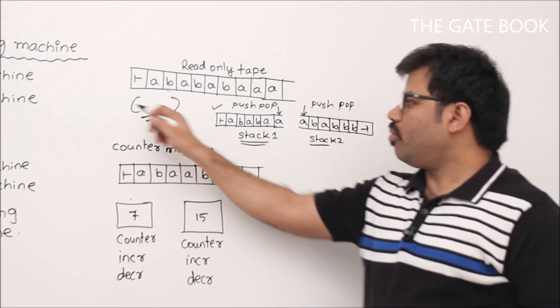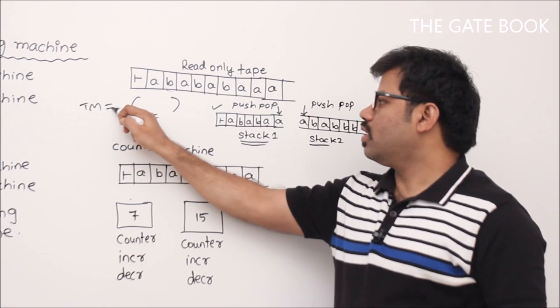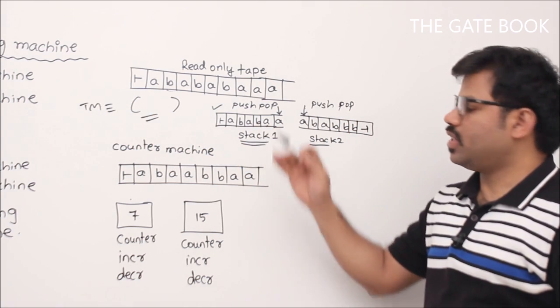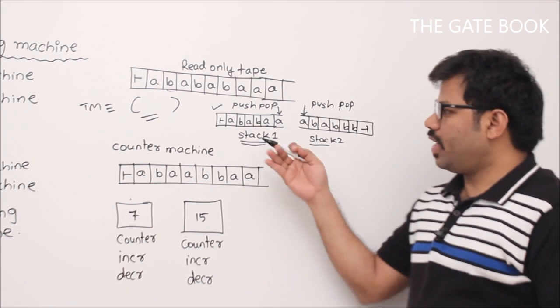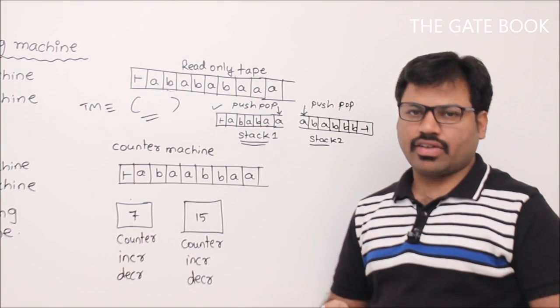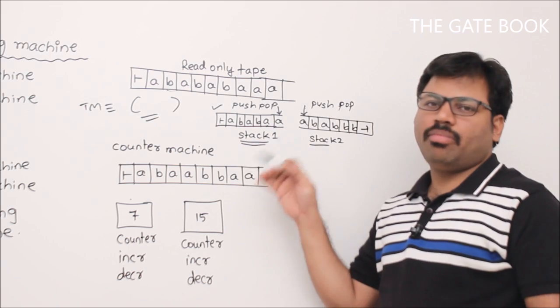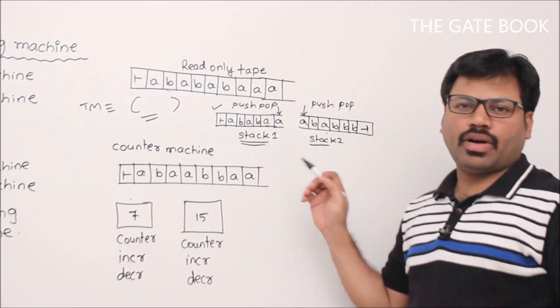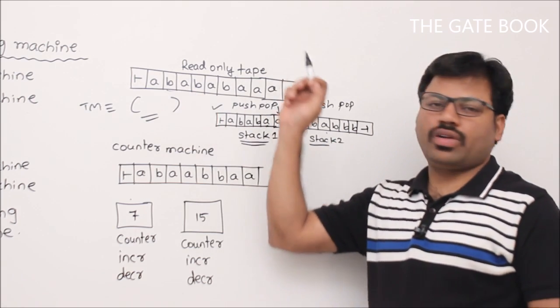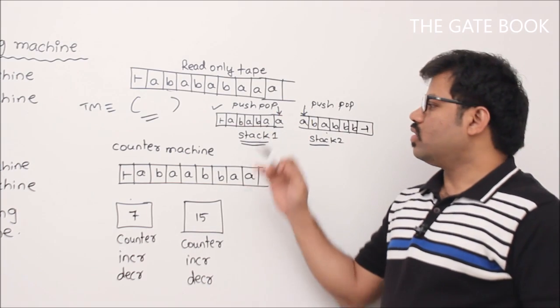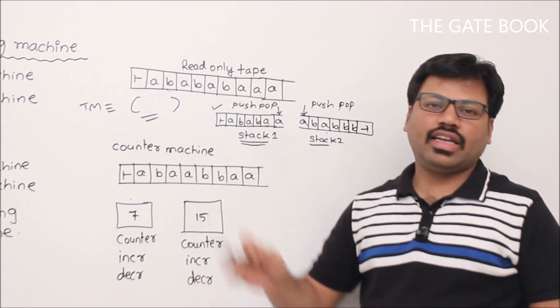That's why Turing machine is equivalent to this, I can say two-stack machine. Understand? So remember it, that is enough. I am not going into details, okay? Here you can push and pop, and here also you can push and pop, and you can read the input, but you can't write. With that, definitely we can achieve exactly like Turing machine.